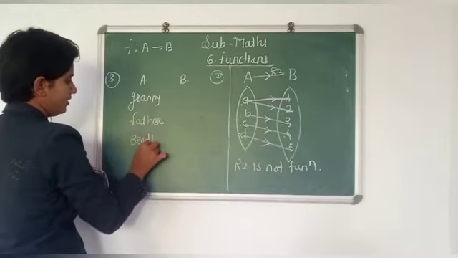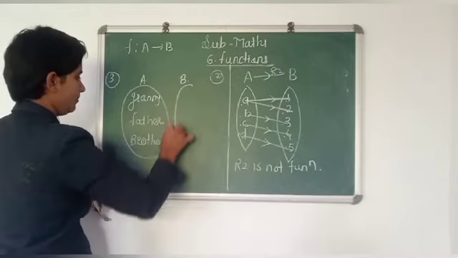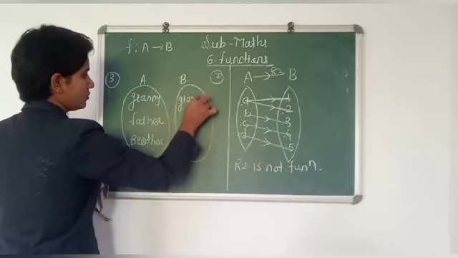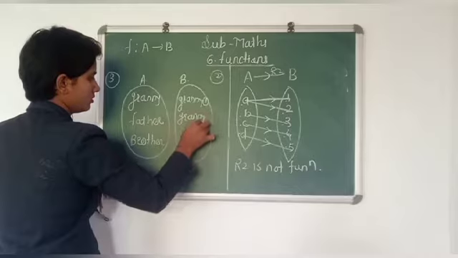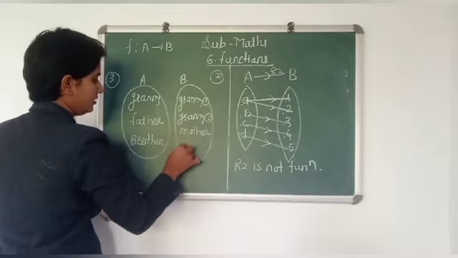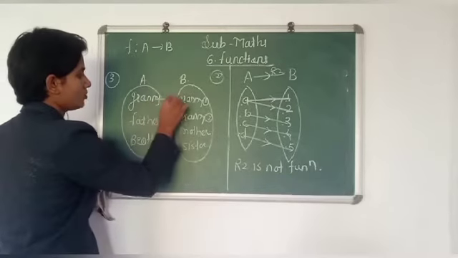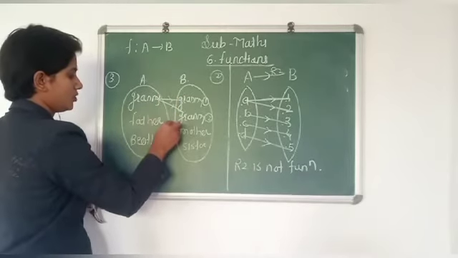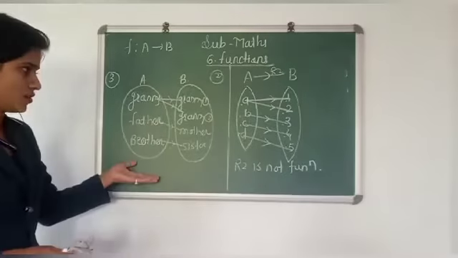There are three elements in set A, and suppose set B also contains family members: granny 1, granny 2, mother and sister. Suppose granny goes to granny 1 and granny 2, father goes to mother and brother goes to sister. We identify whether the given relation is a function or not.